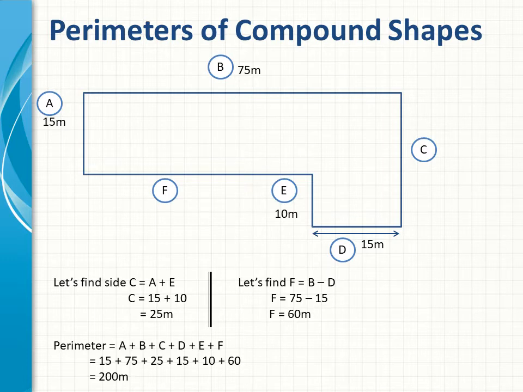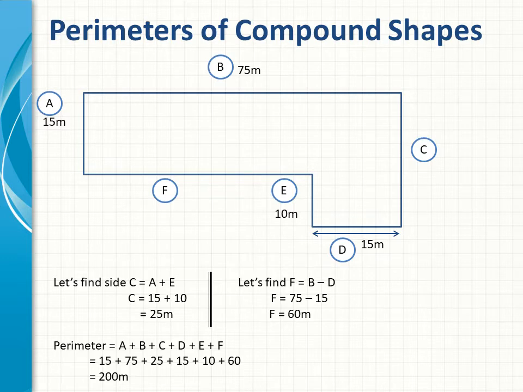You don't need to go search any other place. Everything you need to find your answers is right in this shape. We have about 6 sides. We have side A, which is 15 meters, B is 75, C is not known, D is 15 meters, E is 10 meters, and F is also not known.